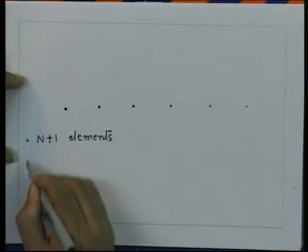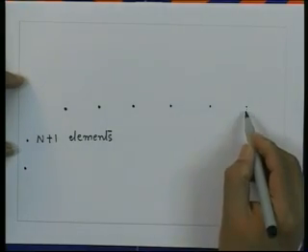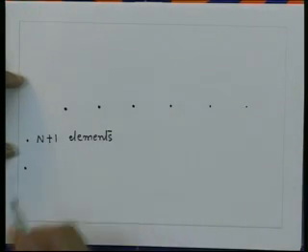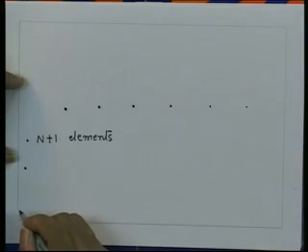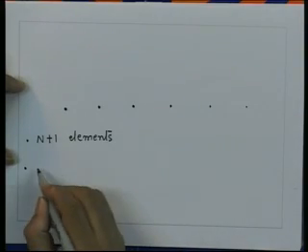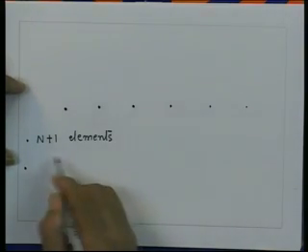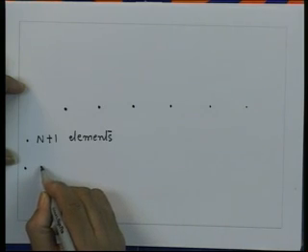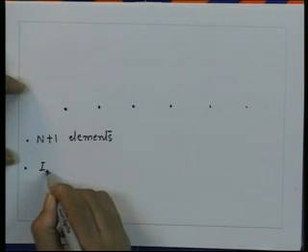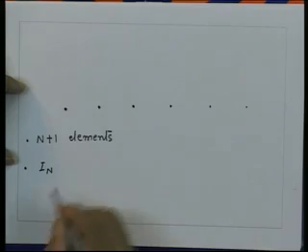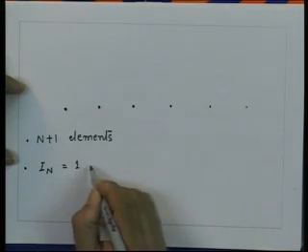So, the current which you have will be I of n, that is equal to 1 angle 0.